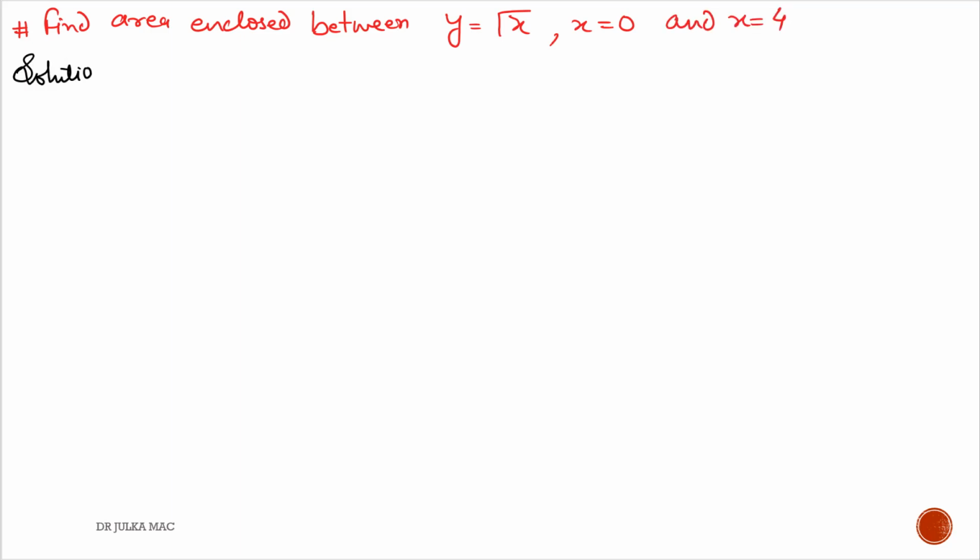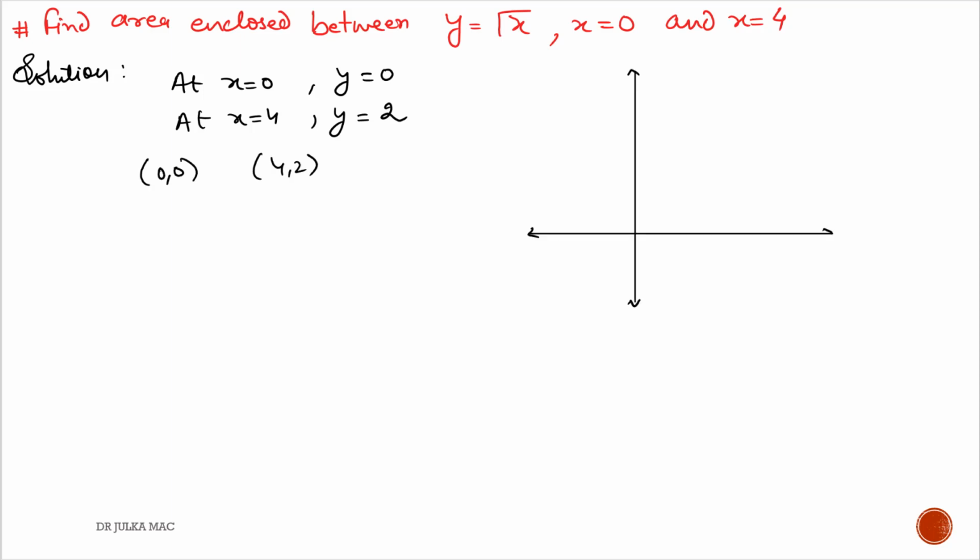Last example. Find area of parabola y equal to root x between x equal to 0 and x equal to 4. At x equal to 0, the value of y is 0. At x equal to 4, the value of y is 2. Now we plot these 2 points 0, 0 and 4, 2 on the graph.